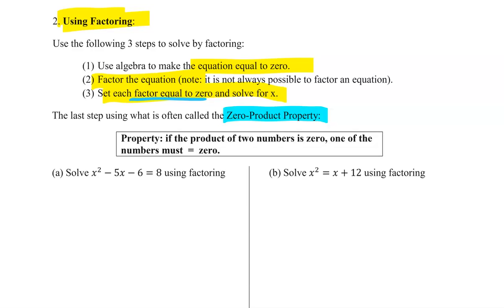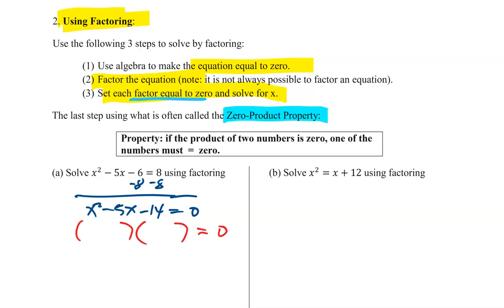Letter A, solve x squared minus 5x minus 6 is equal to 8 using factoring. The first step is make the equation equal to 0. So that's why we need to subtract 8 both sides, so that this is x squared minus 5x minus 14 is equal to 0. And get the factors. X squared, x and x. Find two numbers that when you multiply is negative 14, and when you add is negative 5, that is negative 7 and positive 2.